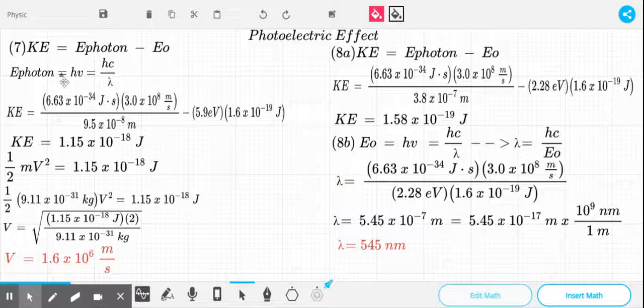So the formula we use for this problem is kinetic energy of photoelectrons equals the energy of photons minus the energy of the work function.